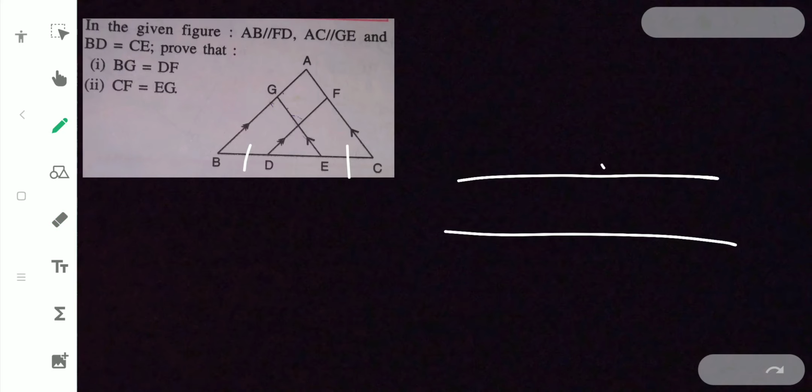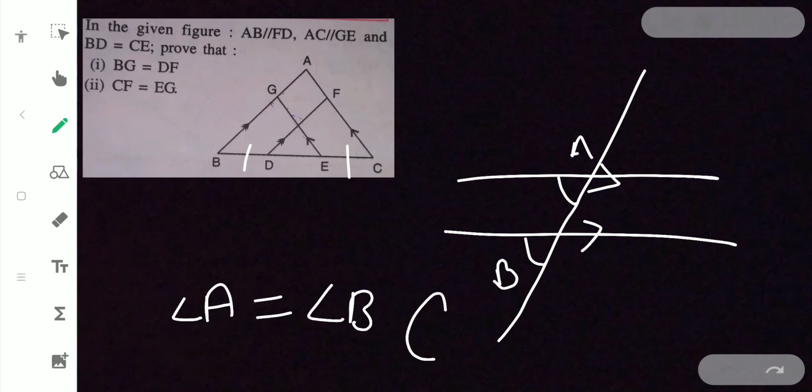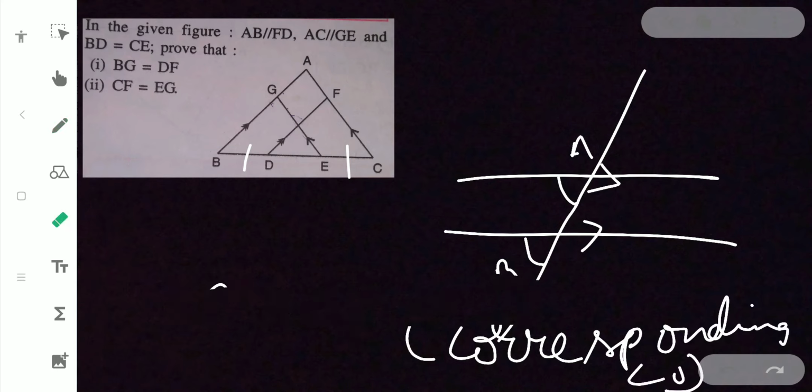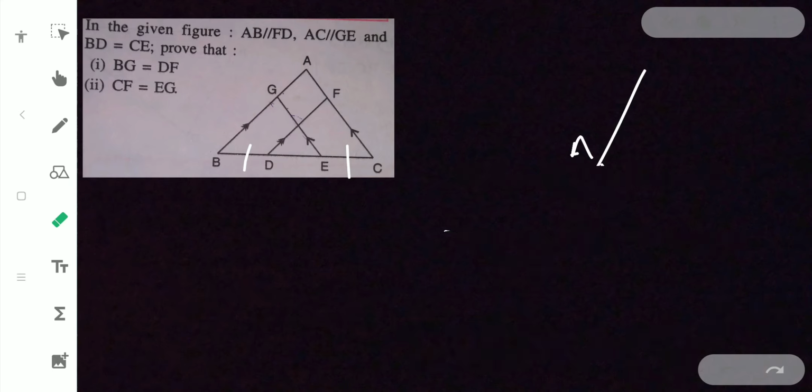If these two lines are parallel and one transversal is crossing through them, we have this angle equal to this angle. Suppose I name these points A and B, so angle A will be equal to angle B and the reason will be corresponding angles. That happens only in the case of parallel lines.